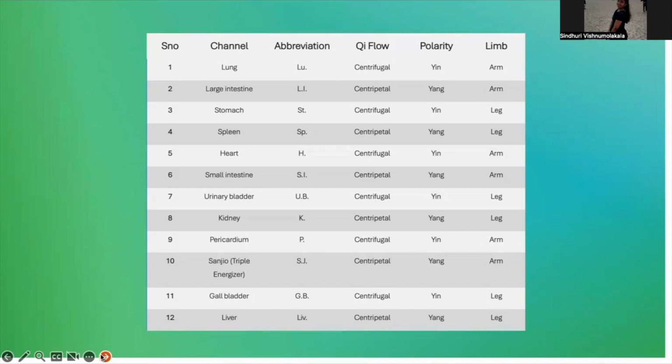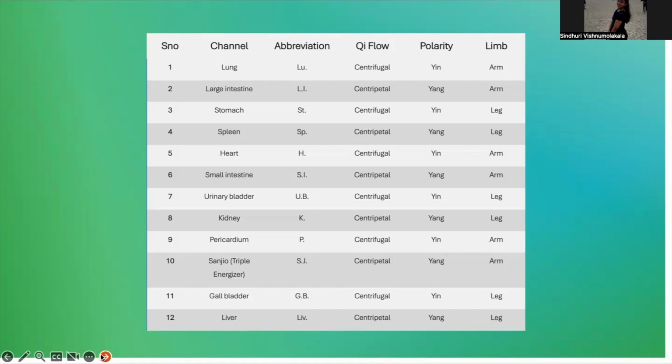As we have already discussed, we have 12 paired channels which start with lung, large intestine, stomach, spleen, heart, small intestine, urinary bladder, kidney, pericardium, Sangio or triple energizer, gallbladder, and liver.